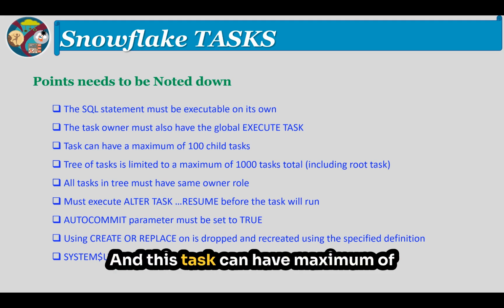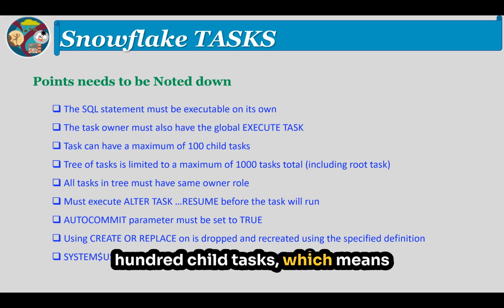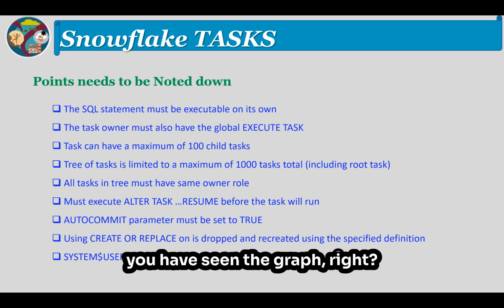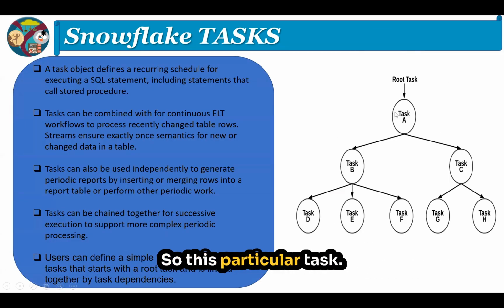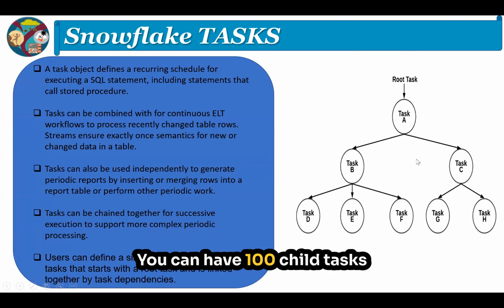And this task can have a maximum of 100 child tasks, which means you have seen the graph, right? This particular task can have 100 child tasks, like A, B, C, you can go up to 100 child tasks.